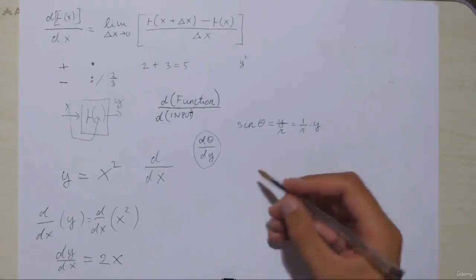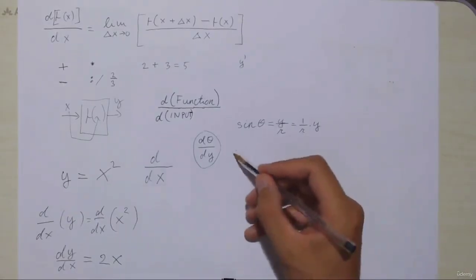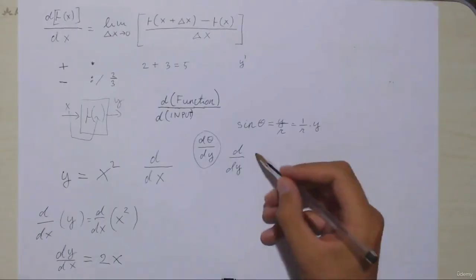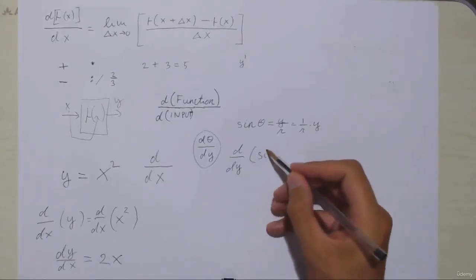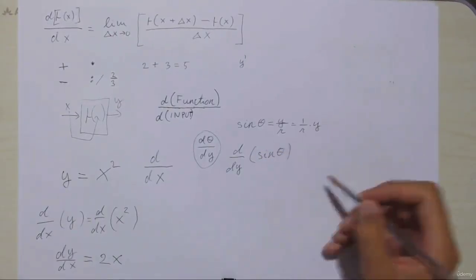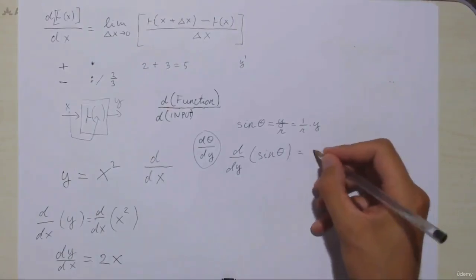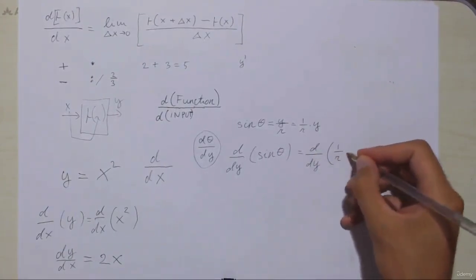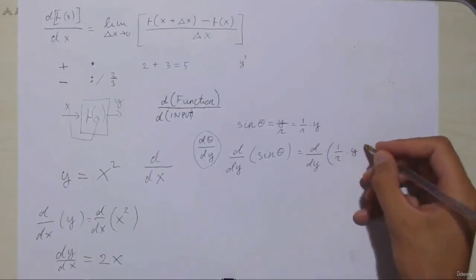So essentially what we did, we applied an operator which was d/dy, and we applied it to the function sine theta, and then we also applied it to 1 over r and y.